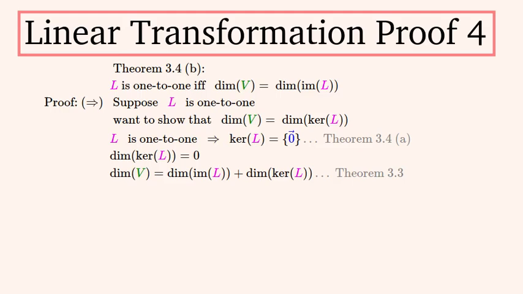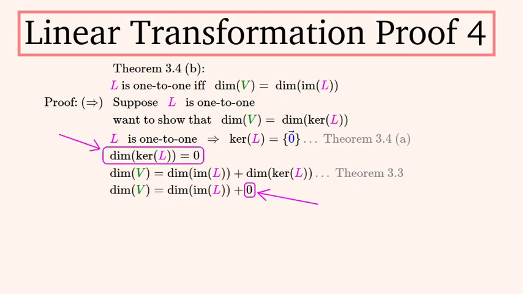And now to use this equation that we've proven before in a past theorem. We'll substitute the value of the dimension of the kernel into this equation, which is 0. And simplifying this equation gives us this equation, which is what we're trying to prove. So we've proven part B in the forwards direction.